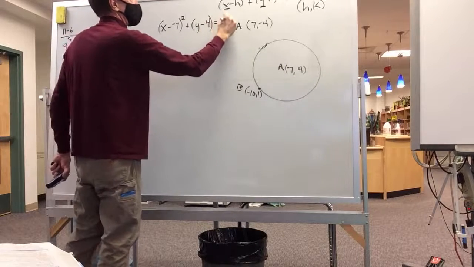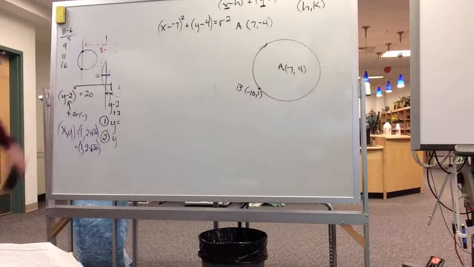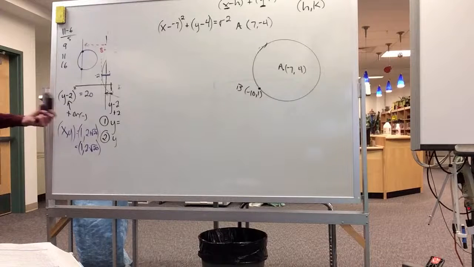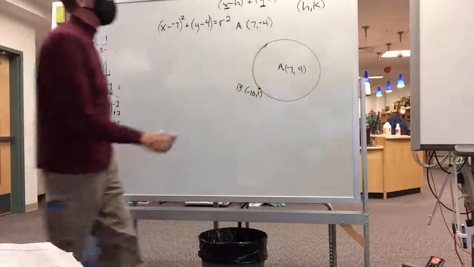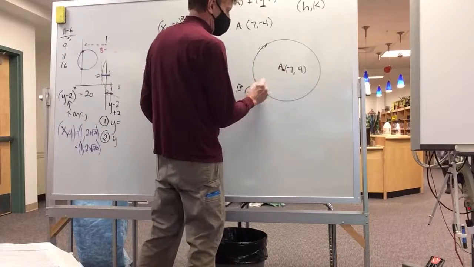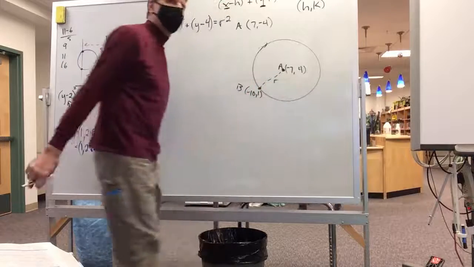So now you just need the radius squared. Do they tell us the radius? No, so now you have to calculate it. How would you calculate that radius? What's the formula called? Not slope, it's distance, the distance between 2 points. So the distance along here is r.